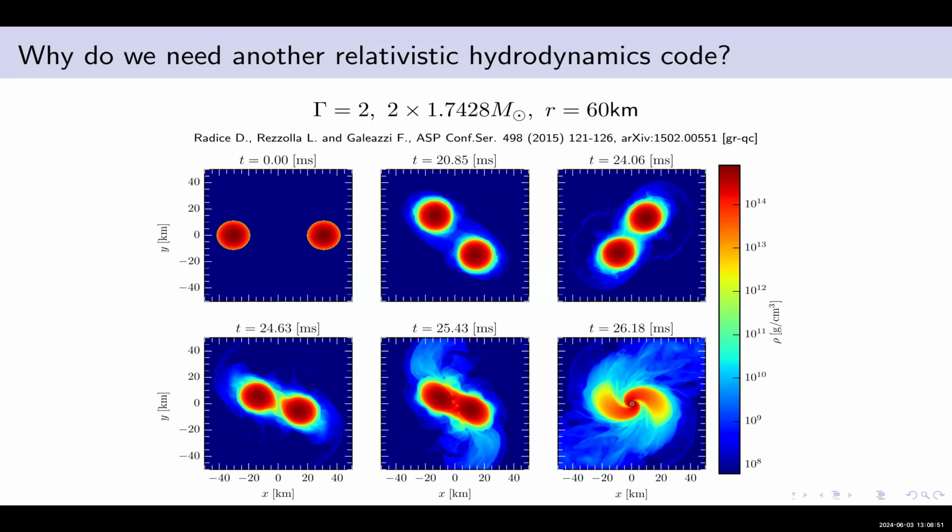But just to give you a flavor of what we can do with a Lagrangian code, it's not exactly the same system, it's a different equation of state, but in our simulations of a similar system, I made sure to make the logarithmic scale of the density the same.